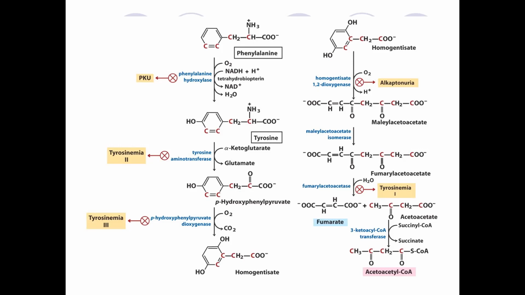Consequently, except for mutations that affect this particular enzyme here, phenylalanine hydroxylase, mutations that affect phenylalanine degradation will also affect tyrosine degradation as well. So let's go through these step by step. This is a very interesting pathway, but it's also a very complicated pathway.